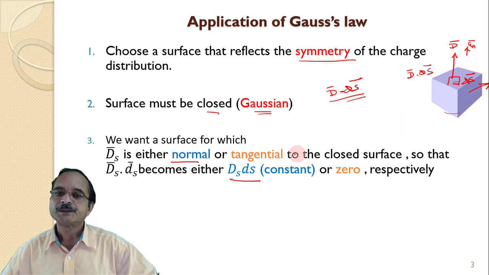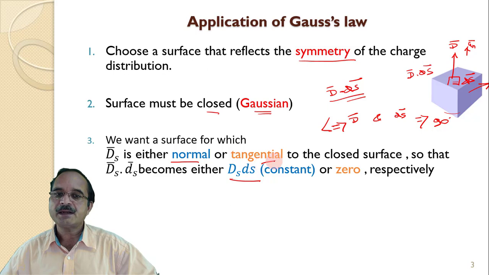If it is tangential, this means the angle between D and dS is 90 degrees. So in this case, this dot product will be 0.